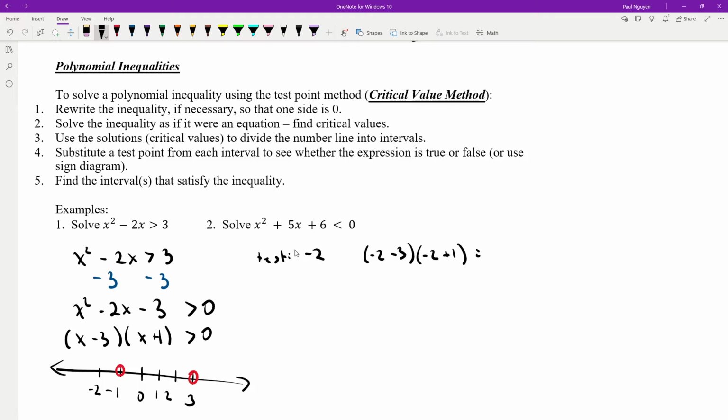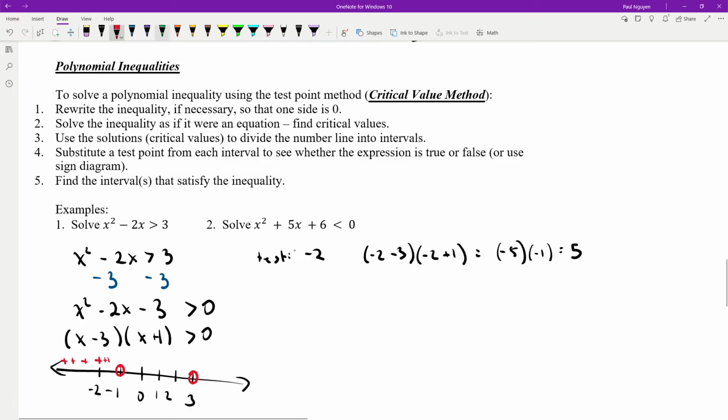This is -5 times -1, which is +5. +5 is positive, so that means here it's positive. That also means everywhere else over here it's going to be positive.